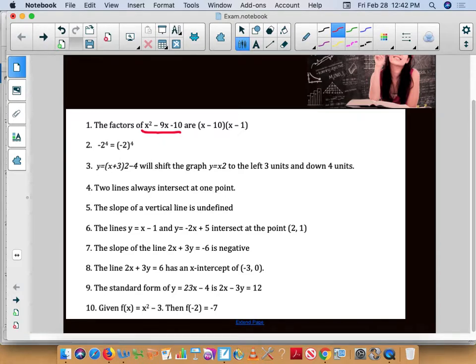So everything that you're going to learn to factor, you'll have the ability to check it by multiplying it out, like this. This gives me x squared minus 1x minus 10x, and minus times minus gives me a plus 10. So the first one would be false.